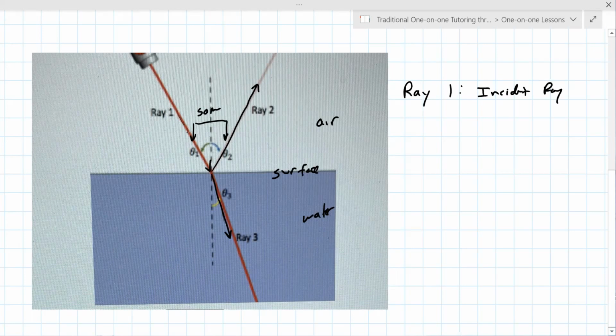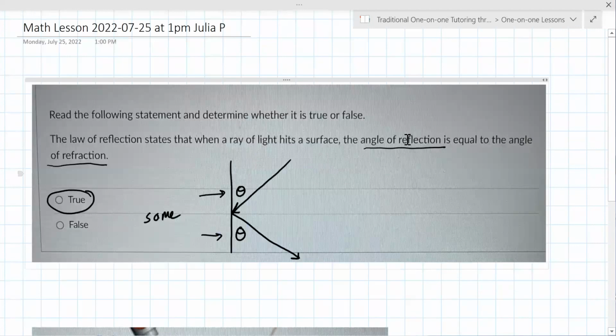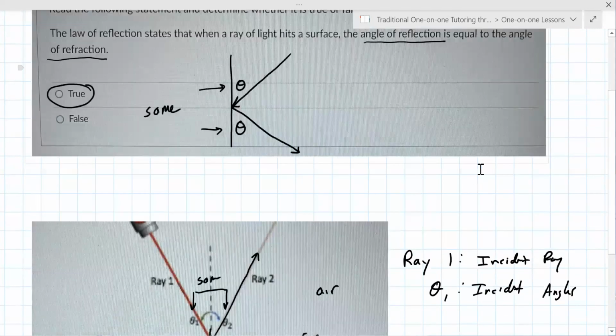The incident means the start. Theta 1 is the incident angle, or angle of incidence, however that is termed. Angle of incidence. Okay. Ray 2, and we got to go back to our terminology from question 1, is the reflection.